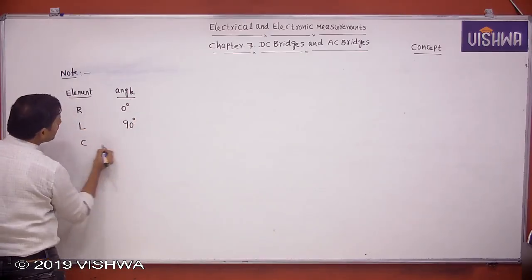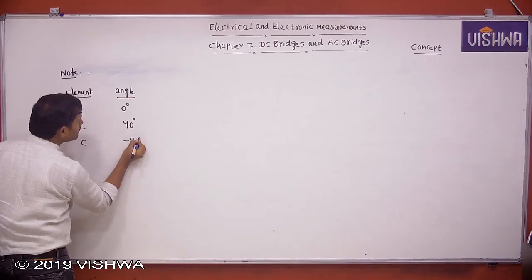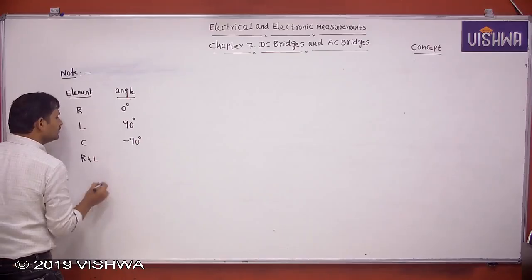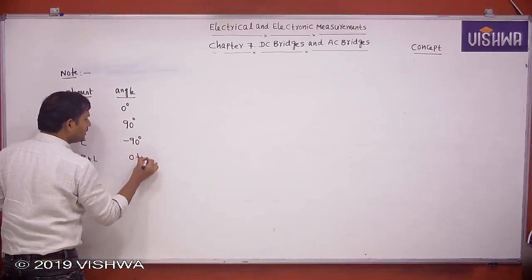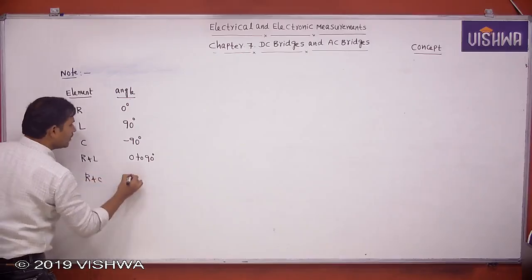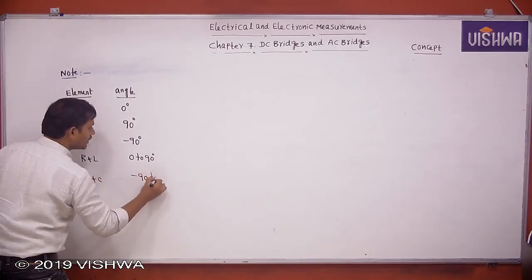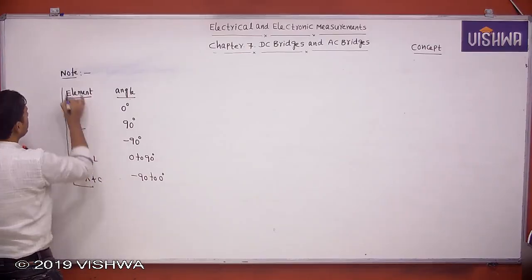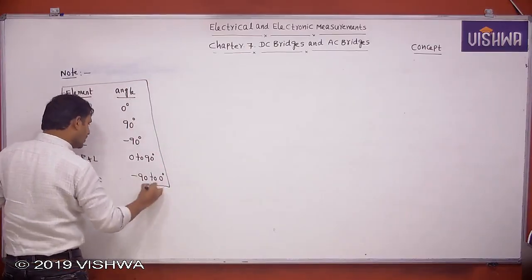If it is a pure capacitor, minus 90 degrees. If it is R and L, 0 to 90 degrees. If it is R and C, minus 90 to 0 degrees. Okay, this one note you remember.